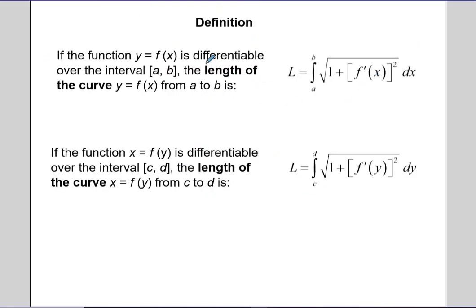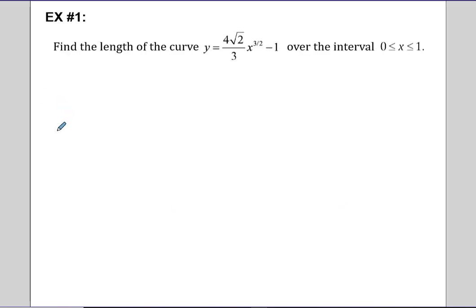And if we're finding a differentiable function for y in terms of x, we're going to use this formula on the x-axis values. And if we have a function solve for x in terms of y that's differentiable, we're going to be using y values from c to d and the derivative with respect to y. So just be aware of those.